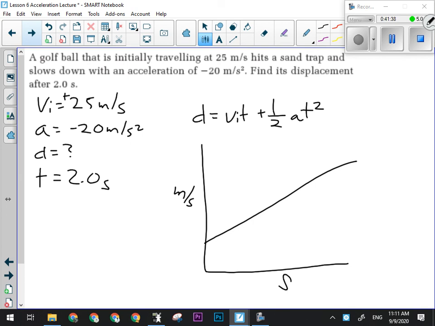If I want to find the displacement, we said we would find the area under the line. Here, it would be initial velocity times time, because that's what this is. This is my VI. Everyone okay with that idea?